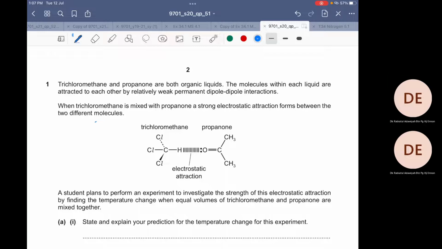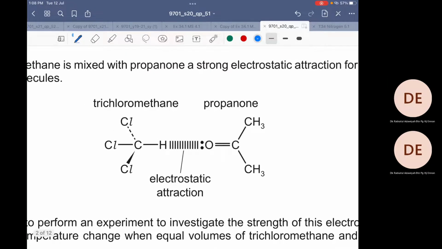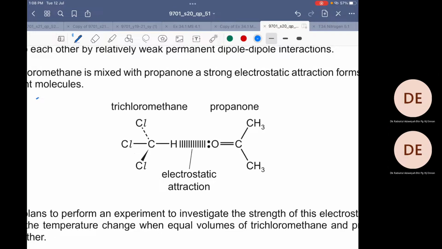So that is an attractive force. When trichloromethane is mixed, a strong electrostatic attraction forms between the two different molecules. The electrostatic attraction is due to the lone pair on oxygen and the hydrogen that is attached to carbon.